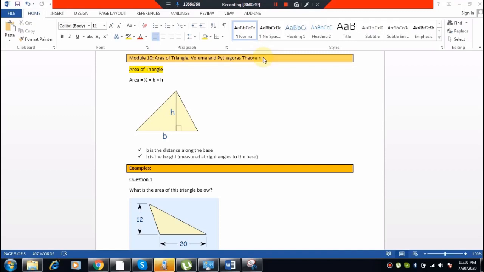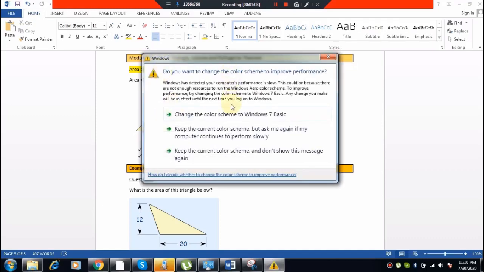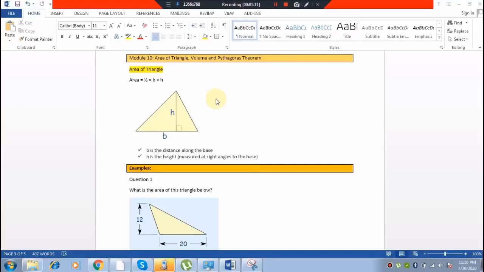As you watch this video, don't forget to refer to your textbook and see what examples have been put there of interest. The concepts covered in this video start on page 295. Without wasting much of your time, I'm going to take you through the area of a triangle.